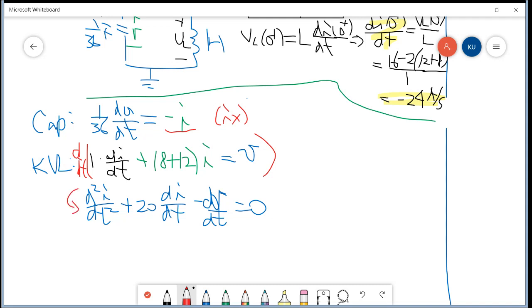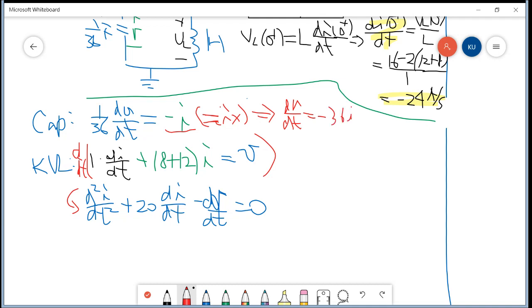So for the next step, we can substitute this one into here. So we can actually write dv/dt equals minus 36i.